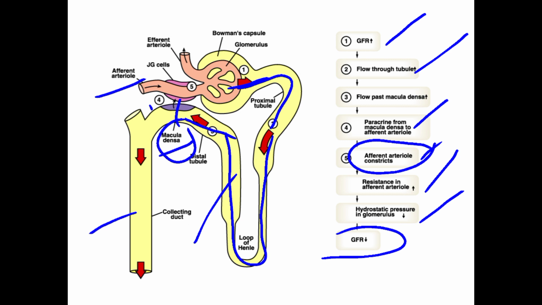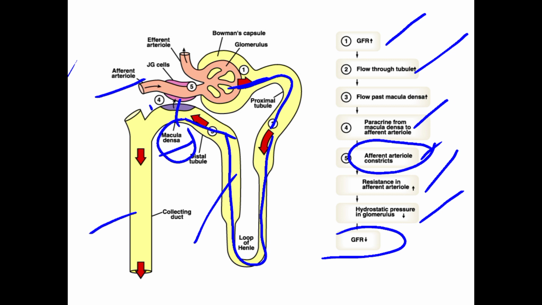This is also an important question. The tubuloglomerular feedback mechanism works between the tubules and the glomerulus. Whenever the GFR increases, the flow through the tubule increases, and the macula densa senses the increase in flow and gives a feedback to the JG cells.